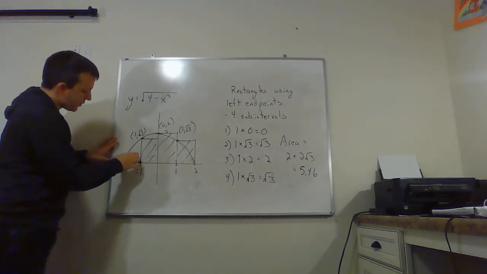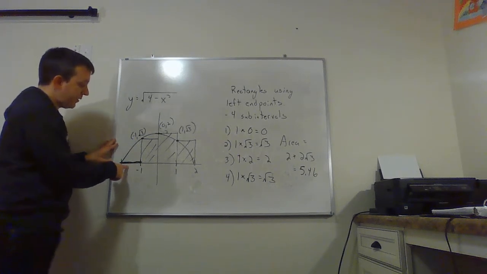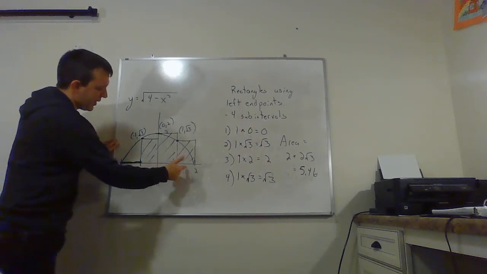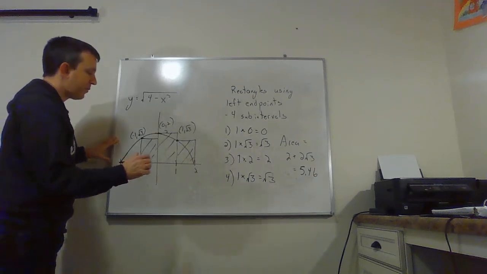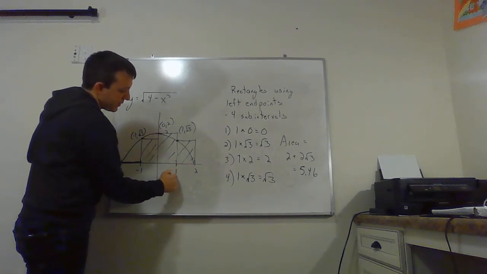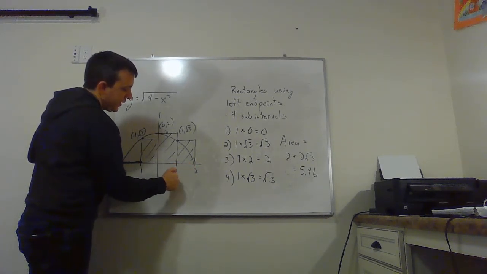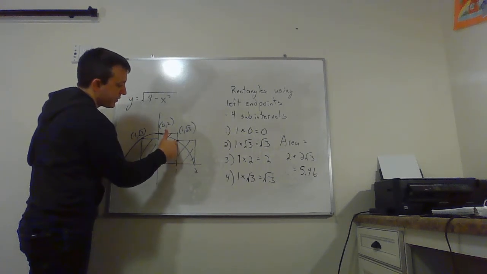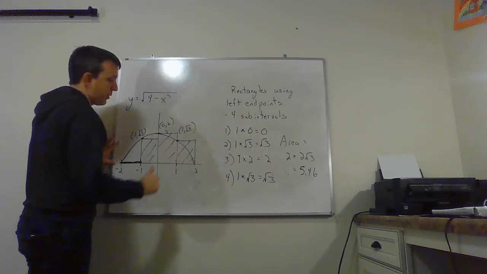So for this first rectangle, it's not even a rectangle. In fact, let me start at the right-hand side and work my way back to the left so we can see what we have. At the right-hand side, we have the subinterval from 1 to 2. Its left endpoint as a coordinate on the graph is (1, square root of 3).